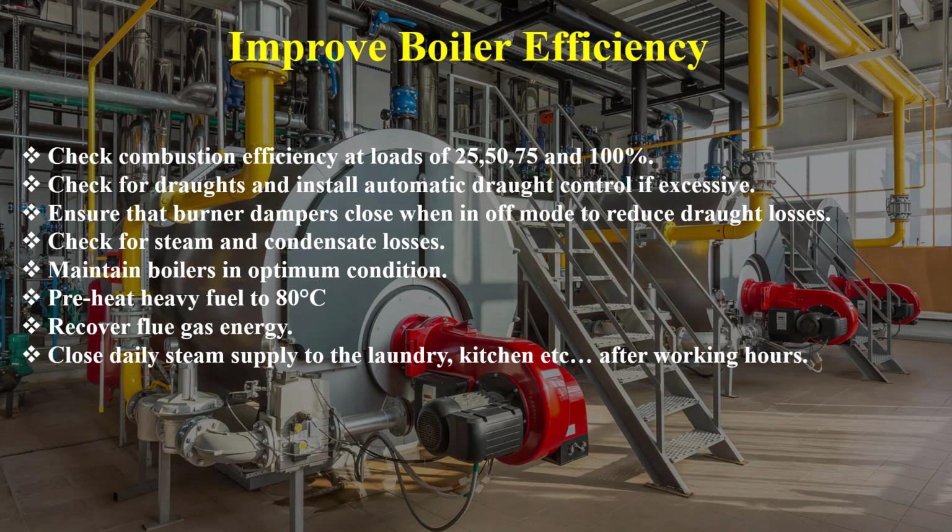Check for steam and condensate losses. Maintain boilers in optimum condition. Preheat heavy fuel to 80 degrees Celsius. Recover flue gas energy. Close daily steam supply to the laundry, kitchen, etc. after working hours.